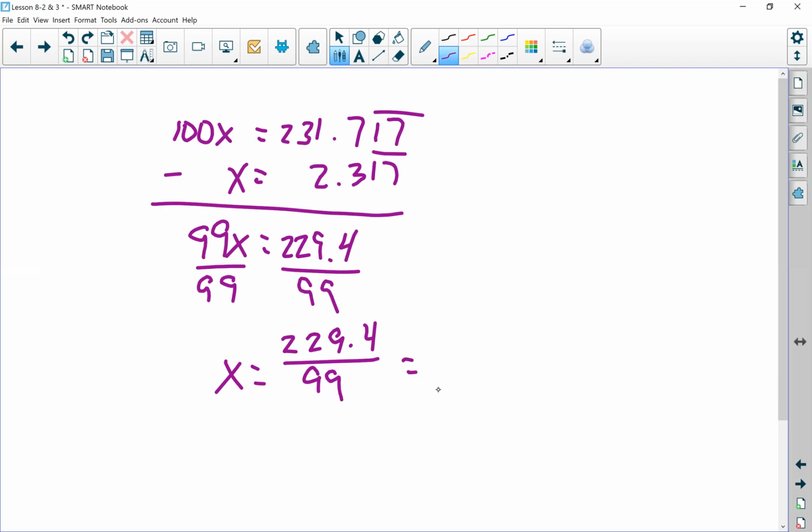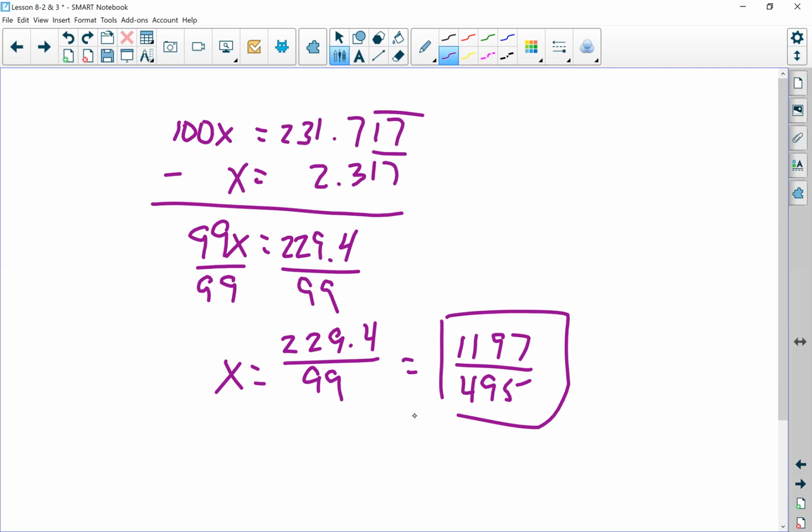And we know that's going to be 1197 over 495. So either that whole full sheet of work that I did, or 3 steps and you're done. All right. Good with that? Like I said, I far prefer this method.